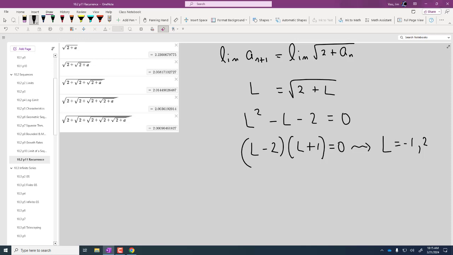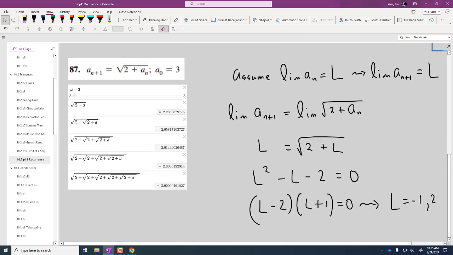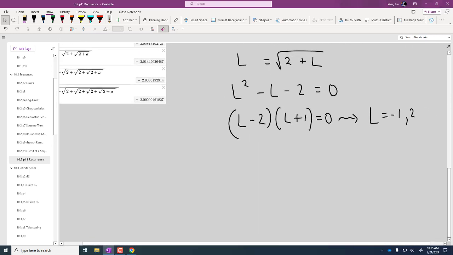And how do we know it's not -1? Because this is a positive square root, so the values are always positive. There's never a negative value in the sequence, so therefore the limit must equal 2.